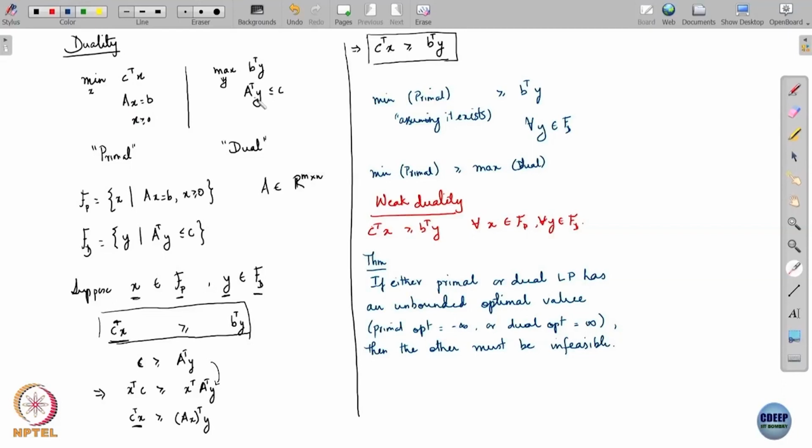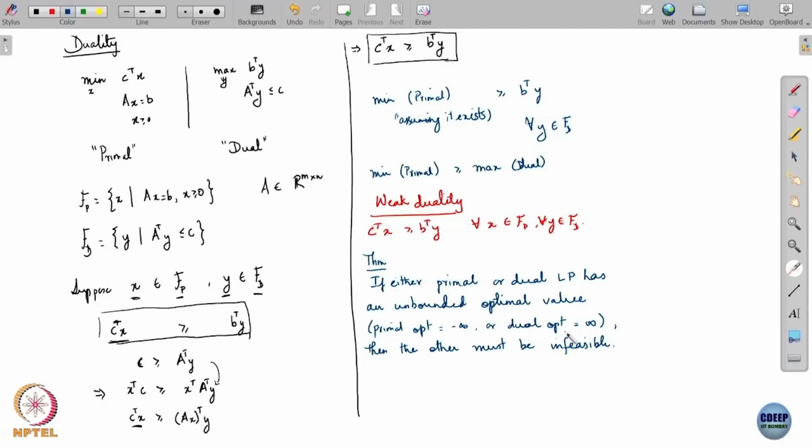If A transpose y is less than or equal to C is satisfied by some y, then the dual is not infeasible, so there is no way that the primal can have minus infinity as a solution. Likewise for the dual. This first property is what is called the property of weak duality, and the theorem that I just wrote is simply a consequence of weak duality.